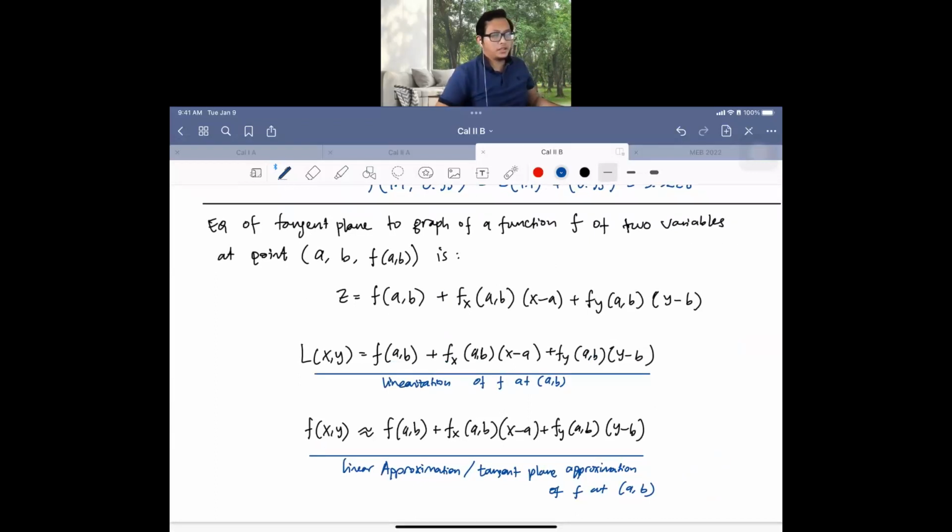So basically the idea for the approximation is looking at the tangent plane, and from the tangent plane we can have the approximation or linearization. And the key is that the point you want to approximate, that you want to test, should be nearby the point that is easy to evaluate.